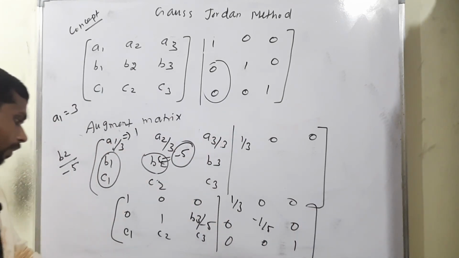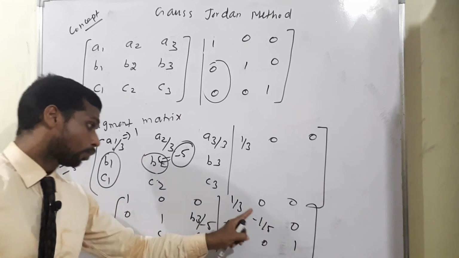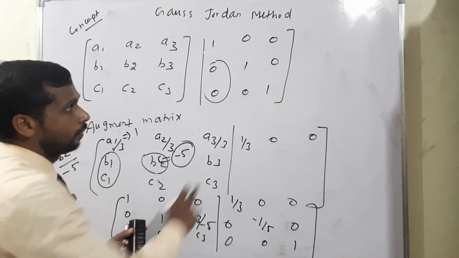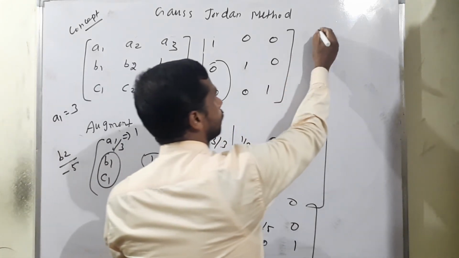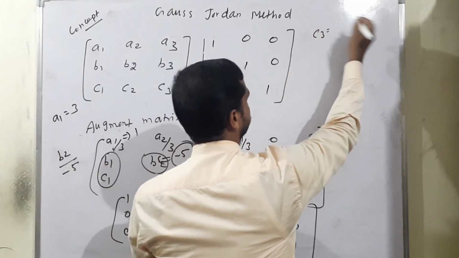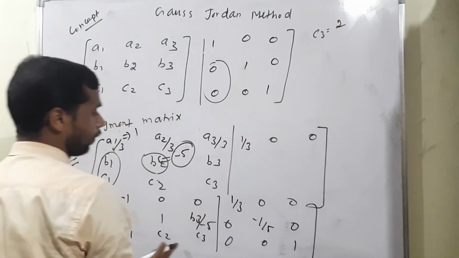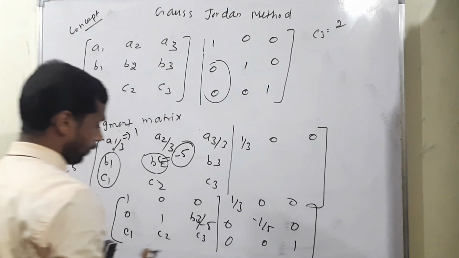Then after applying to the first two rows, what will happen to the third element? Here we have to make the C3 value 1. Suppose C3 is equal to positive 2. Then each and every column is divided by 2 only.